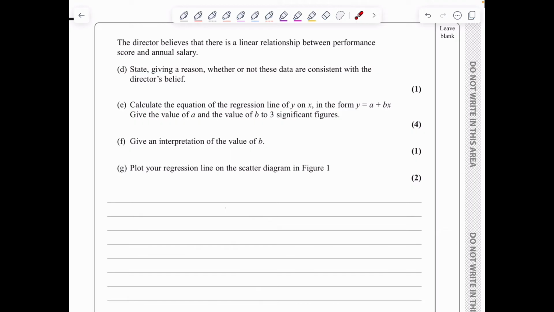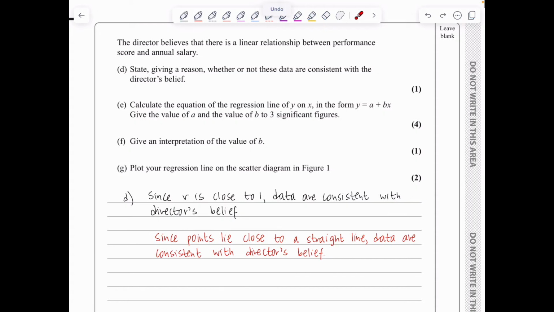One thing to say is that since R is close to 1, then the data is indeed consistent with the director's belief. R being close to 1 indicates a strong linear association, so that's what the director is believing. Alternatively, we could say that since points lie close to a straight line, again, data is consistent with a linear model, so the director's belief is supported.